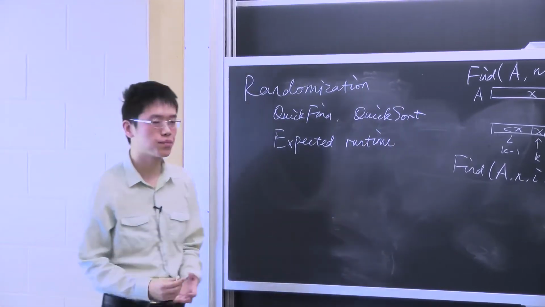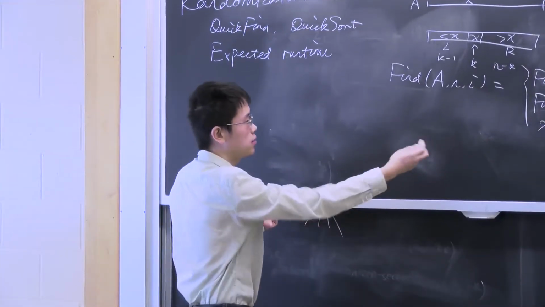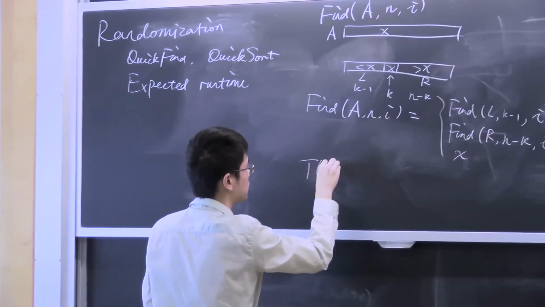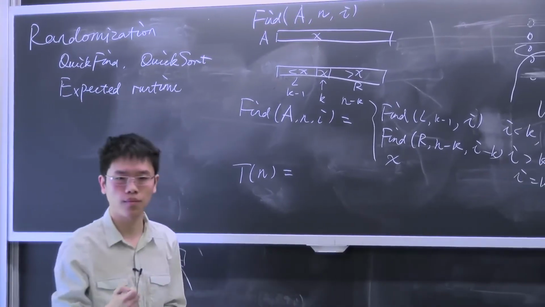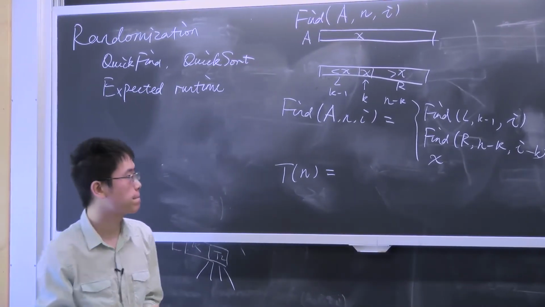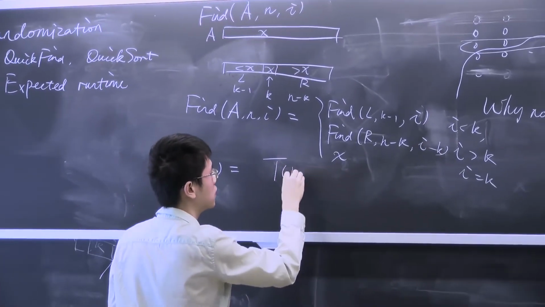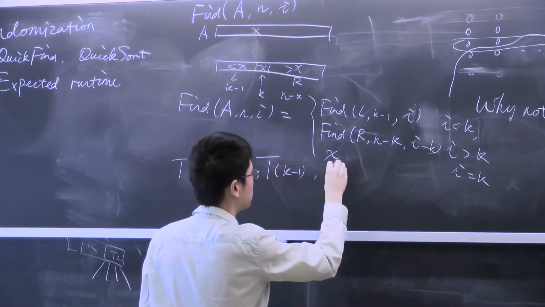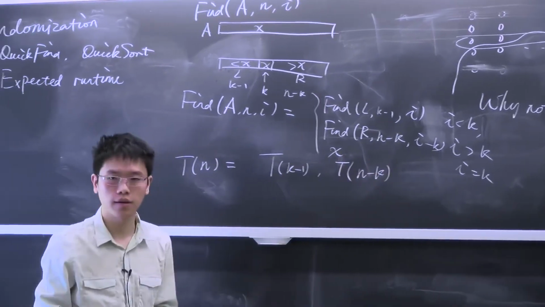What does that mean? So we can write the recursion of this. It's T of n equals, I have two subproblems. One of them is T of k minus 1. The other is T of n minus k.